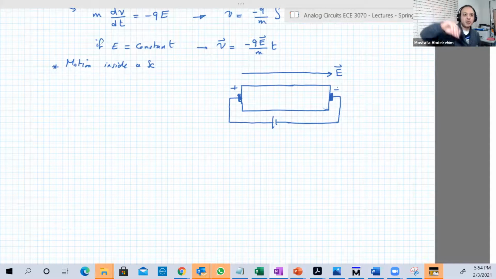But there is a positive ion there, and this positive ion will attract the electron towards it because it's positive and the electron is negative, and so on. So there are many deviations, many effects in the environment in which the electron is moving. That's why the motion is not perfect. It's not in a straight line like the free space case.